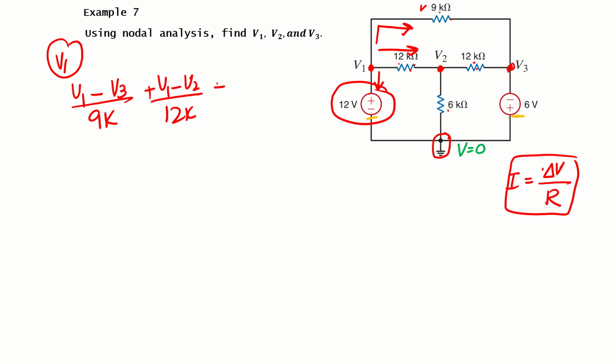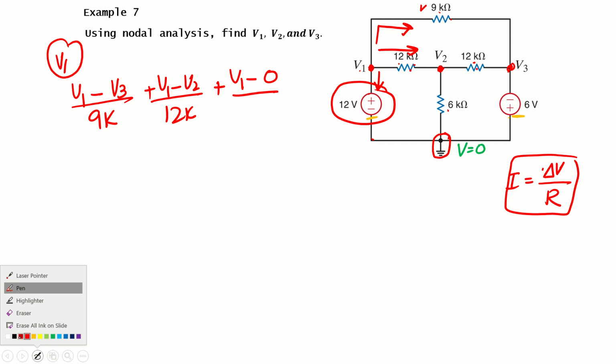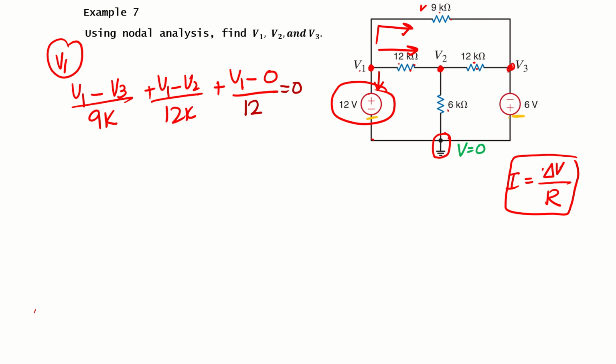If we try to write V1 minus 0 and put 12 volt here as if it were a resistor, that is a typical mistake students make. If you write the current through this 12 volt source like this, then this approach is wrong.